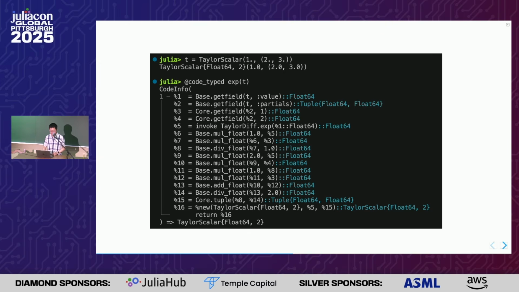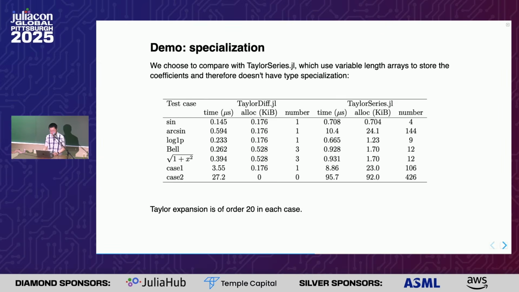No, just simple math. And we can demonstrate how powerful this specialization is with TaylorSeries.jl. If we go to a Taylor expansion of a considerable order like 20, you can see that in each of the examples, it is quite a bit faster than TaylorSeries.jl, which doesn't have specialization on the order parameter.